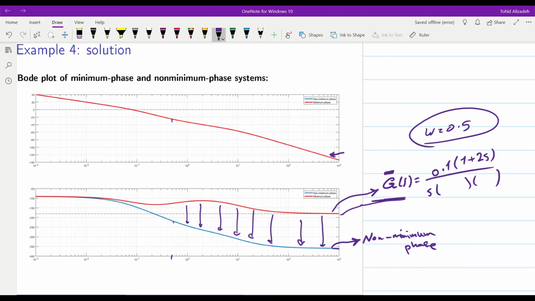And of course it starts from smaller values of the frequency, because we see the effect of the 0 even earlier.